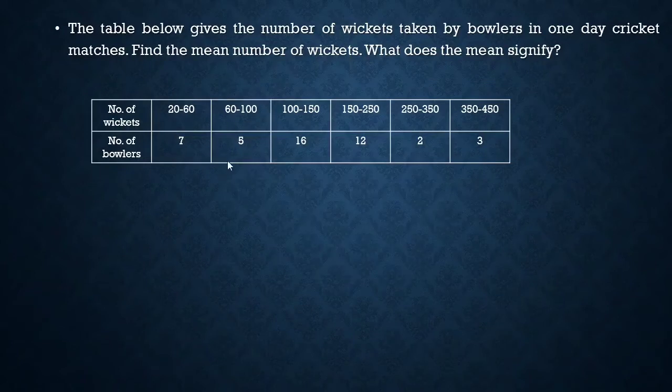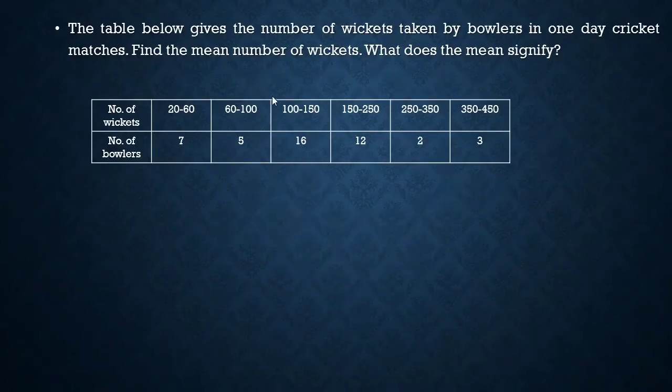Similarly, 5 bowlers have taken 60 to 100 wickets, and 16 bowlers have taken 100 to 150 wickets. So similarly, 3 bowlers have taken 350 to 450 wickets in their one-day cricket matches.